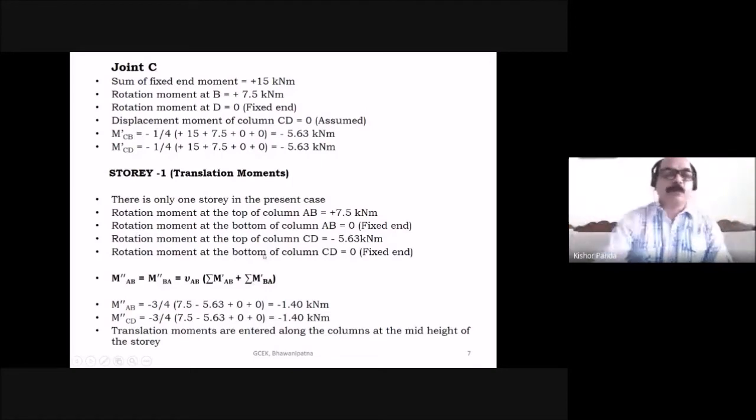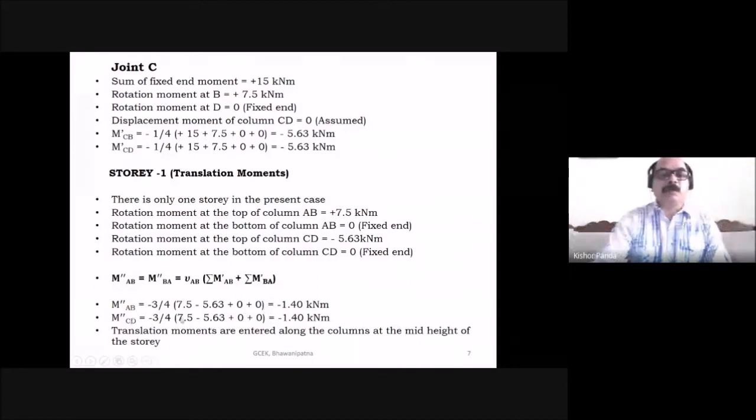So here you see, at top 7.5 and minus 5.63, and bottom 0, 0, and the displacement factor is equal to minus 3 by 4. This is the displacement factor, new AB displacement factor. So M double dash AB is equal to minus 3 by 4, 7.5 minus 5.63 plus 0 plus 0.